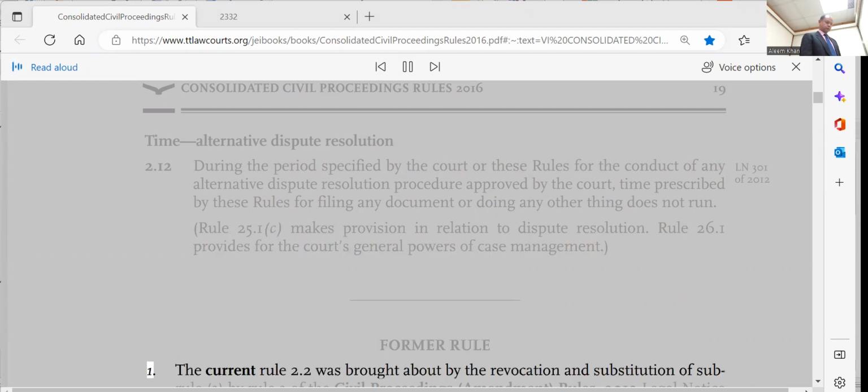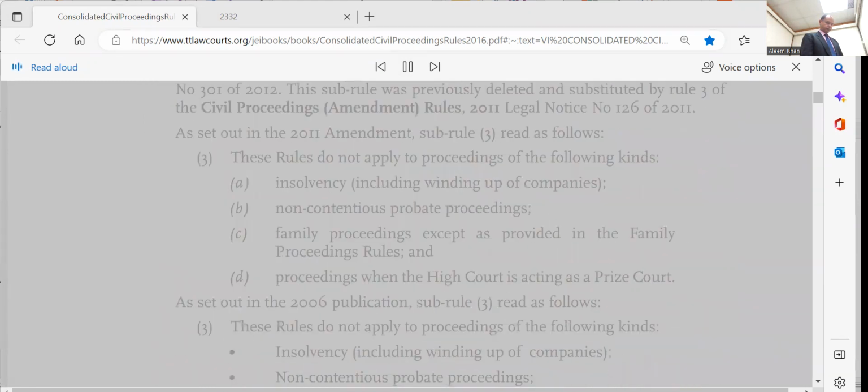Former Rule 1. The current Rule 2.2 was brought about by the revocation and substitution of Sub-Rule 3 by Rule 3 of the Civil Proceedings Amendment Rules, 2012, Legal Notice Number 301 of 2012. This subrule was previously deleted and substituted by Rule 3 of the Civil Proceedings Amendment Rules, 2011, Legal Notice Number 126 of 2011.